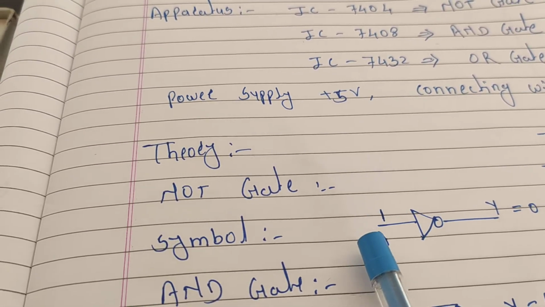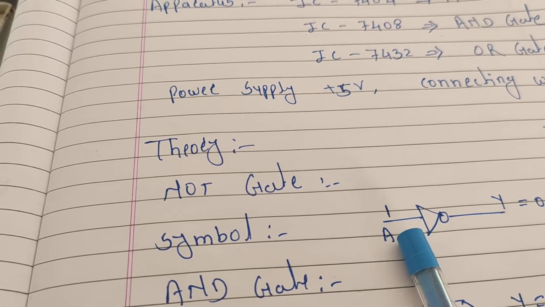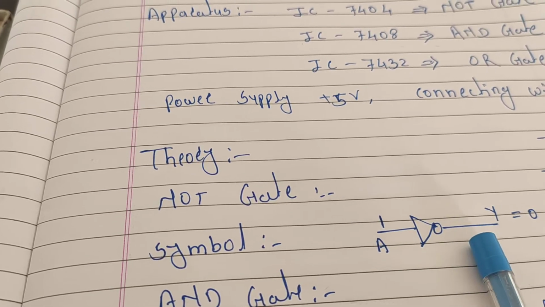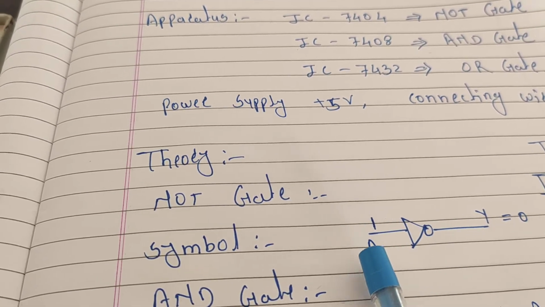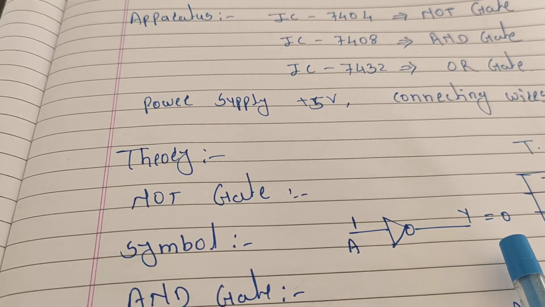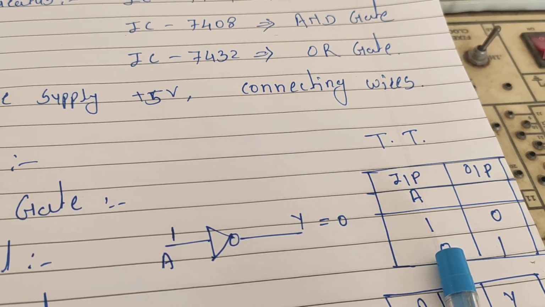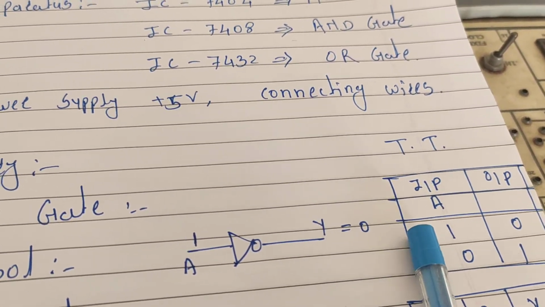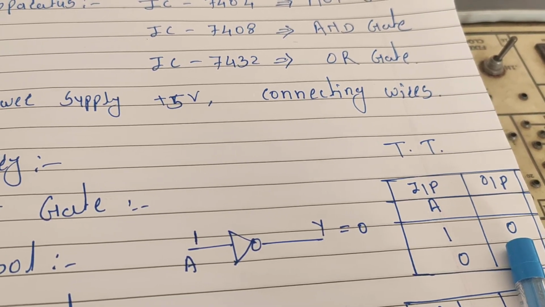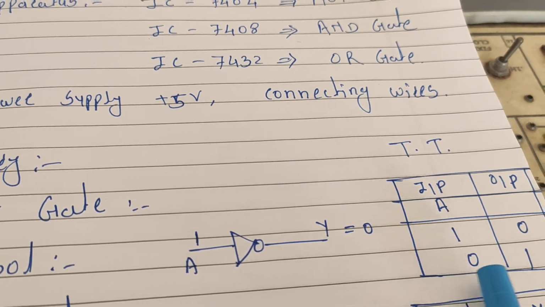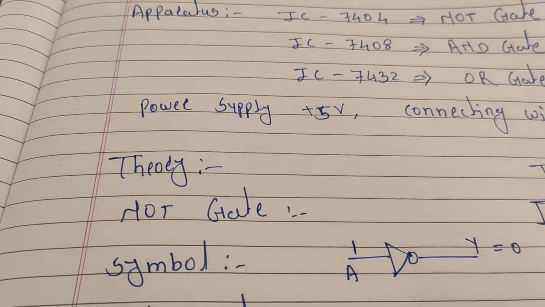When we apply 1, that 1 at the input is inverted at the output. That means when we apply 1, at the output we get 0, and this is the truth table for the NOT gate. When we apply 1, output we get 0, and when we apply 0, output we get 1. That is the NOT gate.